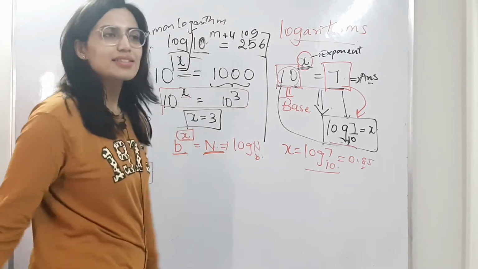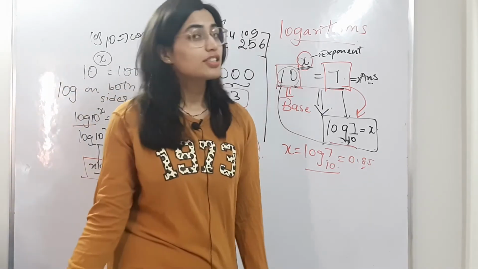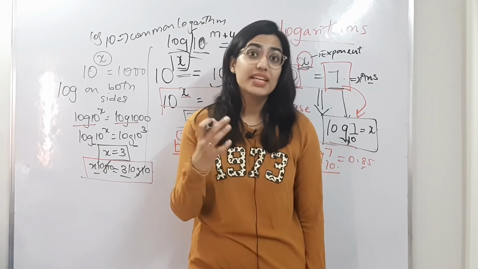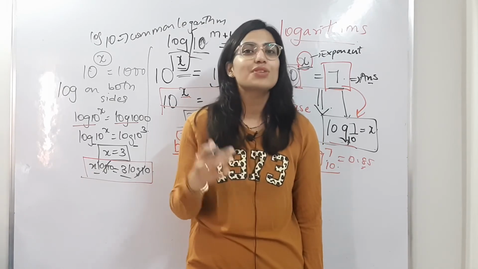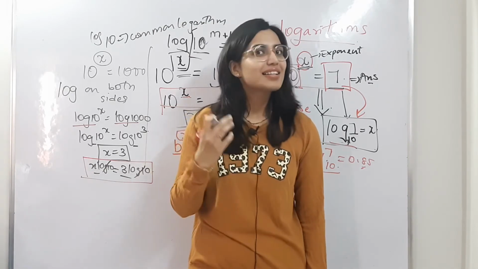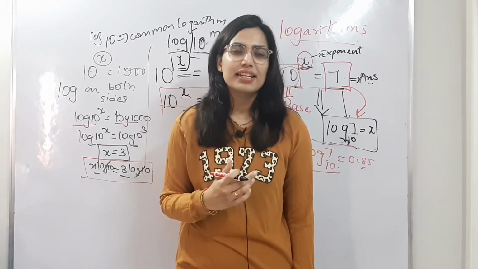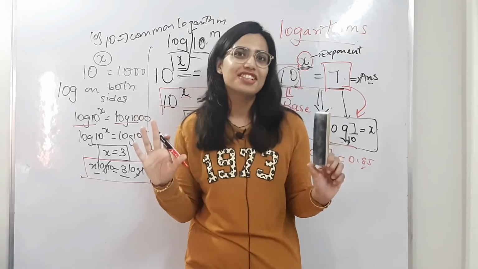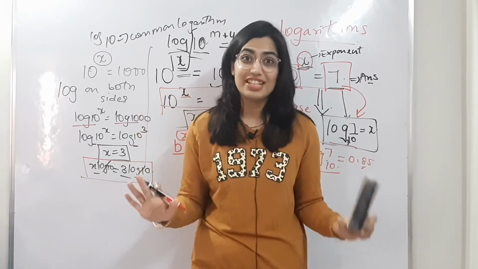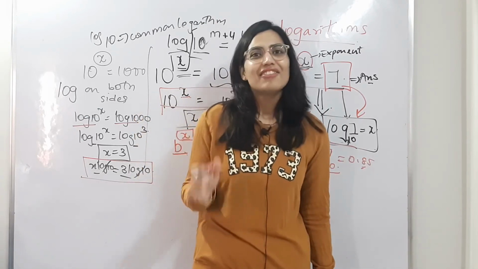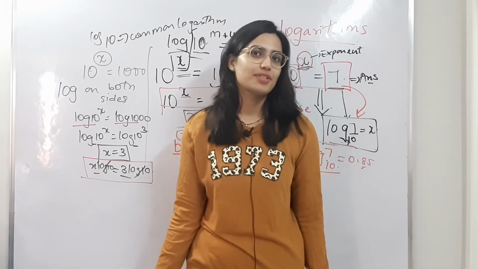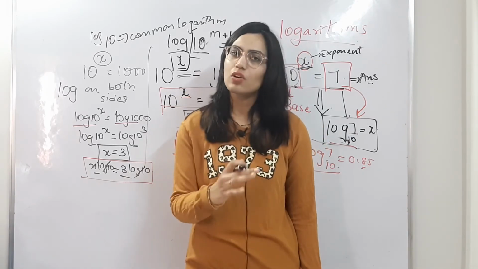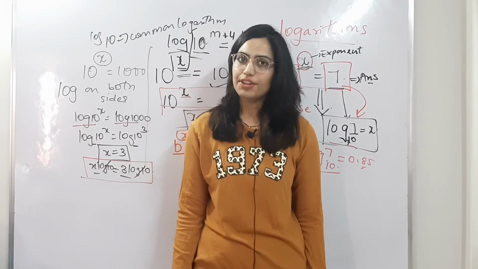I've done my research on that, and they explained that logarithm to the base 10 is a common logarithm because of our decimal system. Our decimal system is represented to the base 10, and we have 10 fingers. Some theories also say that because we have 10 fingers as human beings, 10 is a convenient number to use. That is the reason 10 is commonly used and it's called a common logarithm.